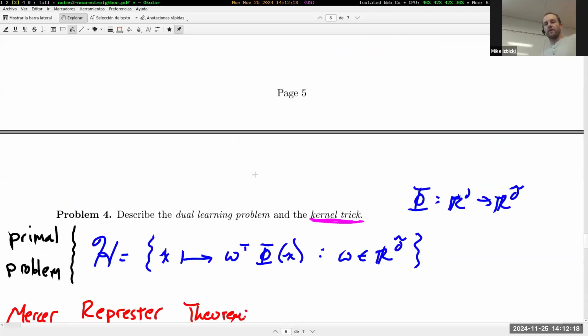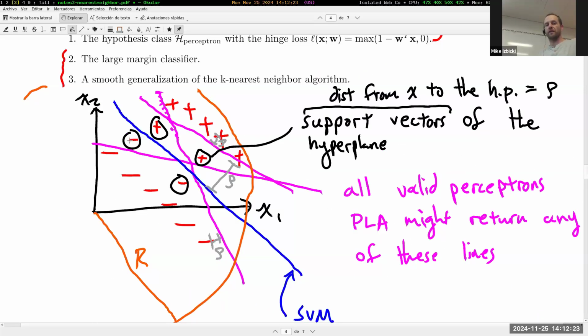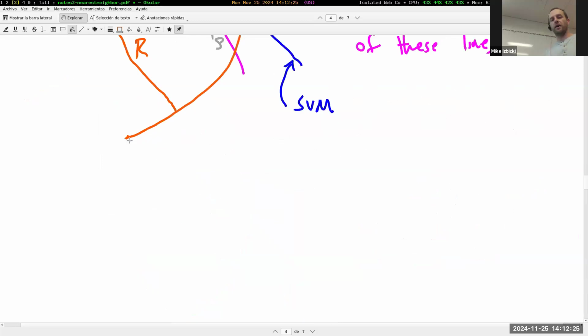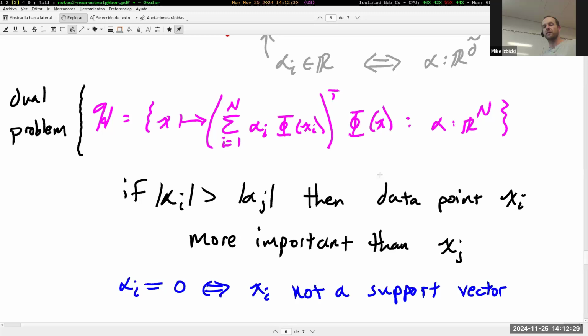It is also not the case that these support vectors are determined in advance in any way. After we have already optimized these alphas, after we've already learned a particular hypothesis in the hypothesis class, then we could say that certain vectors are support vectors because they have non-zero alpha values.